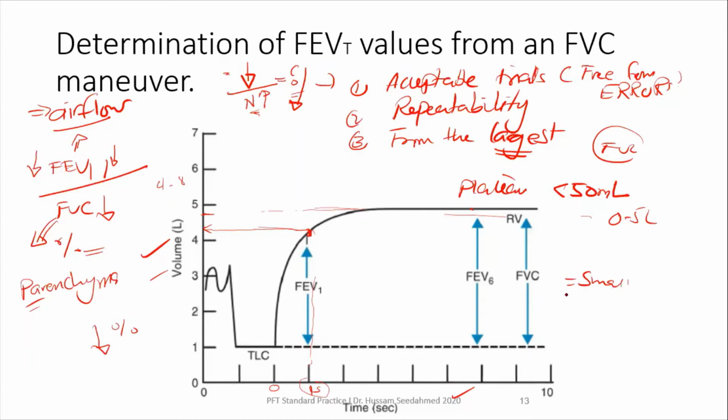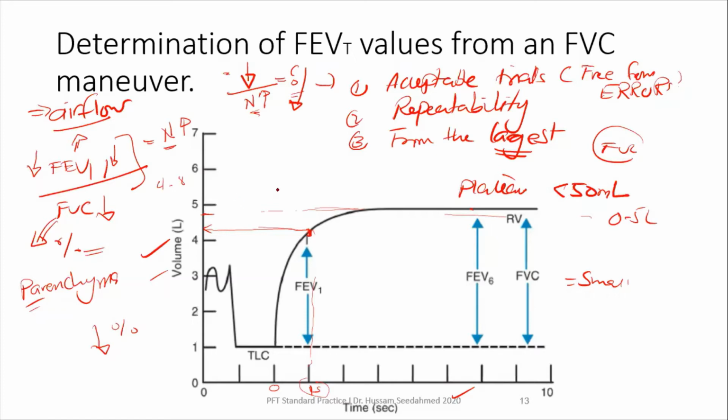So the airflow is going to decrease, but the decrease is proportional. The FVC will drop and the FEV1 will drop, so the ratio will remain constant, normal or slightly increased. That is why restrictive lung disease leads to a normal or slightly higher ratio.